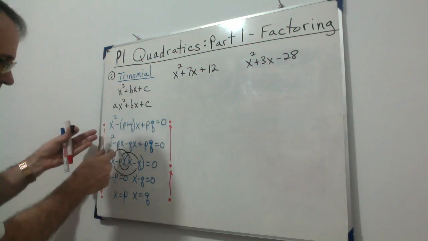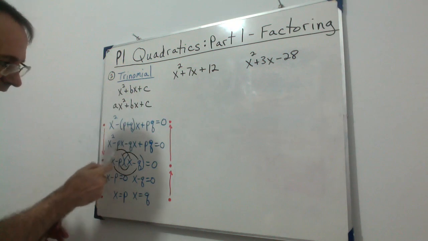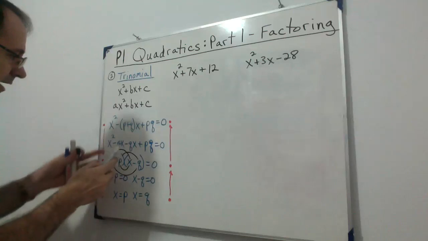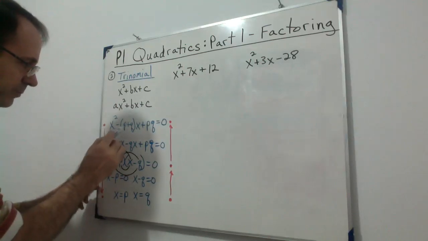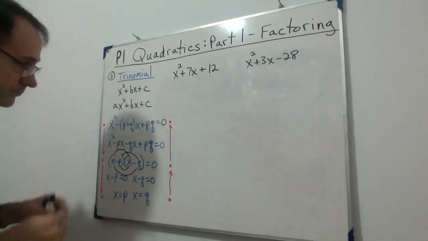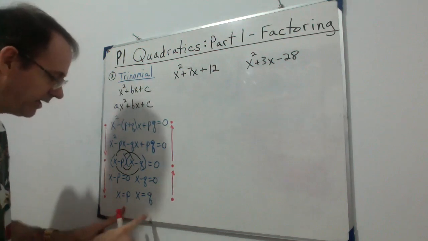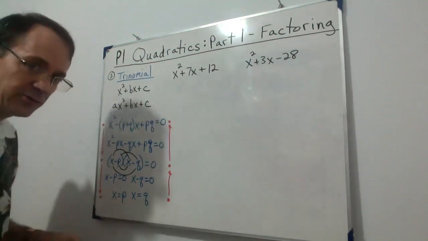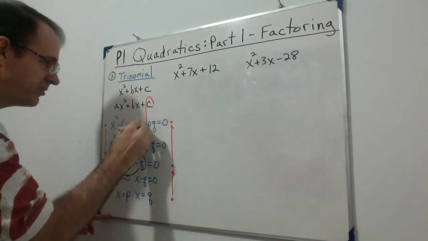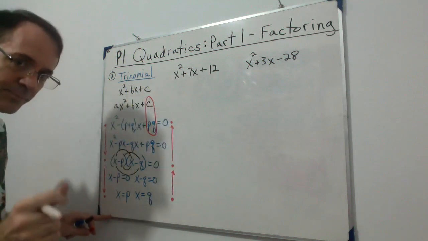And so you get these four terms, and you notice that these two contain an x. So we want to combine those because they're like terms, and we take out the negative, and so we have p plus q. So the important thing to see here is that from our solution, our two solutions multiplied together give us this C term. That's very important.